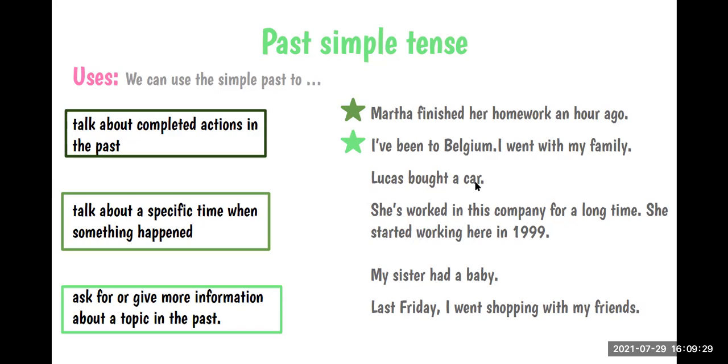Lucas bought a car. What is this? Completed actions in the past. Yes, completed actions in the past.